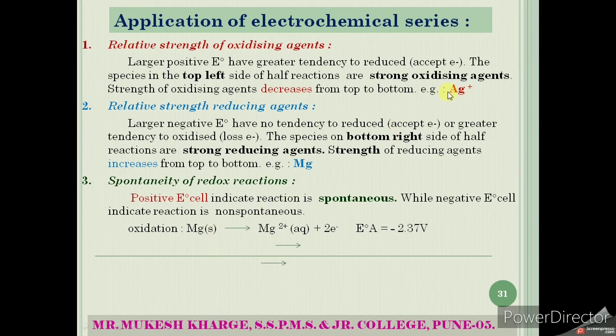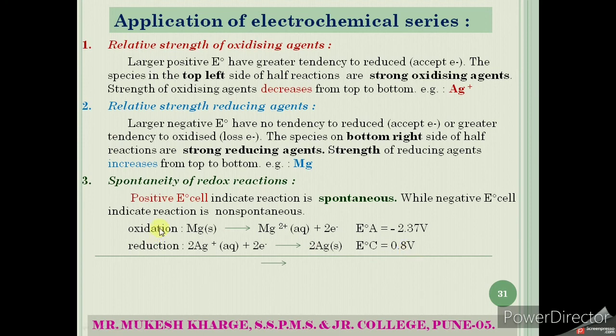The Ag+ ion, which acts as an oxidizing agent, undergoes reduction. So 2Ag+ accepts 2 electrons and gets converted to 2Ag solid. The E0 cathode is 0.8 volt.